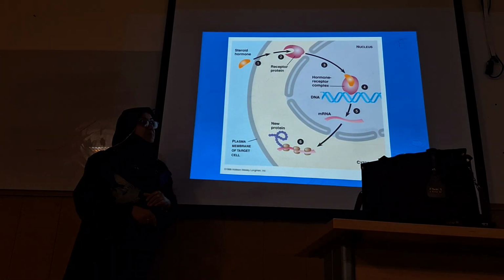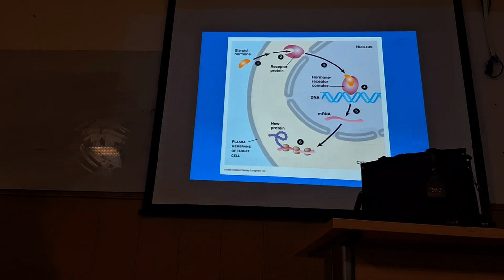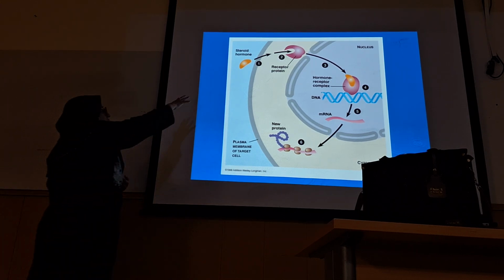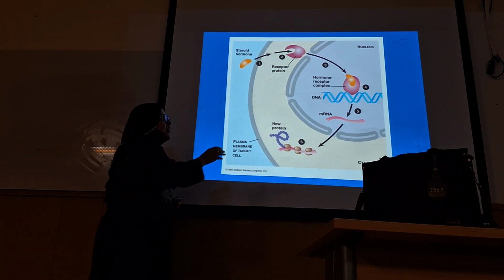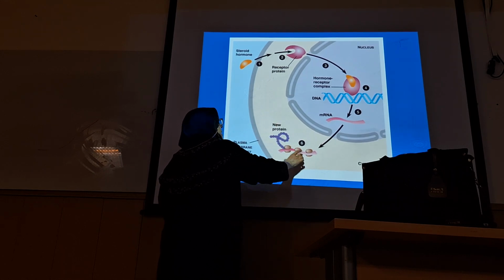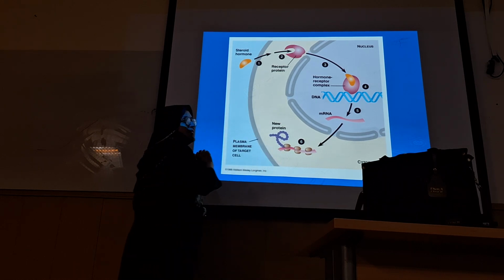This slide shows the receptors of adrenal hormones. You know, adrenal hormones are steroid hormones, and steroid hormones have cytoplasmic receptors. Okay? Steroid hormones are lipids, therefore they simply cross the cell membrane and enter the cytoplasm. In the cytoplasm they combine with the receptors.